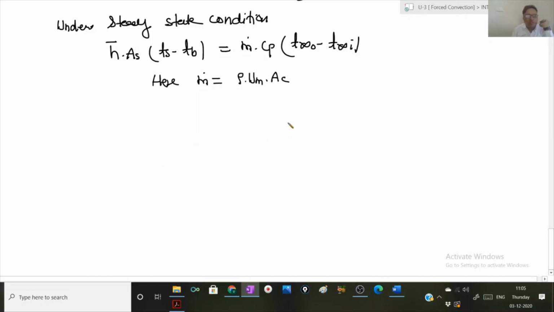So let us put these values. The value of rho is 985.5, U is 1.2, and the cross sectional area we have calculated earlier is 5.25 into 10 to power minus 4. This will be in kg per second.